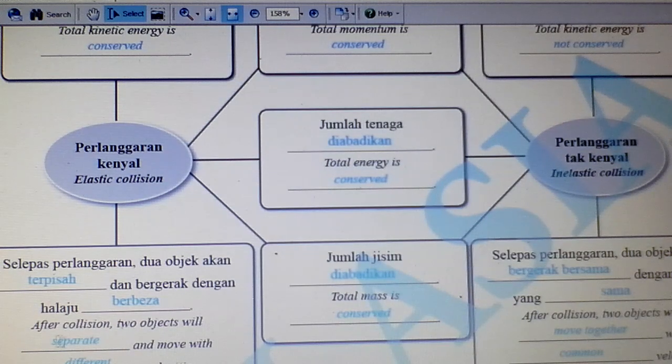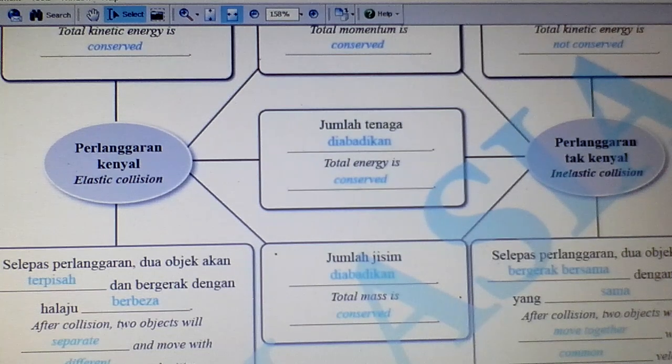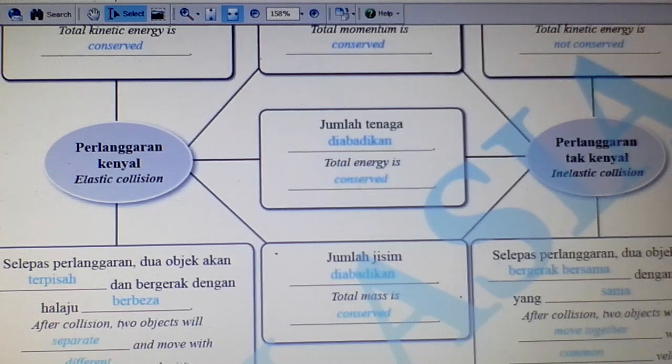For elastic collision, 2 objects will move separately with different velocities. The speed can be the same but in opposite direction, or in the same direction. Total mass, of course, is conserved.